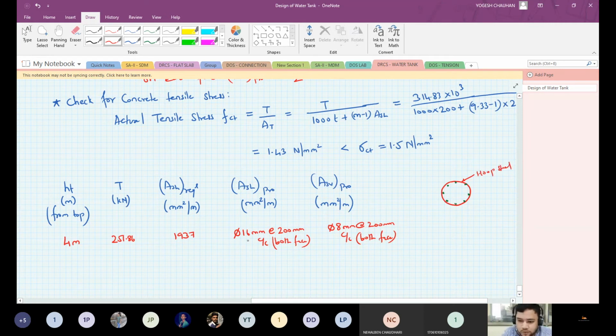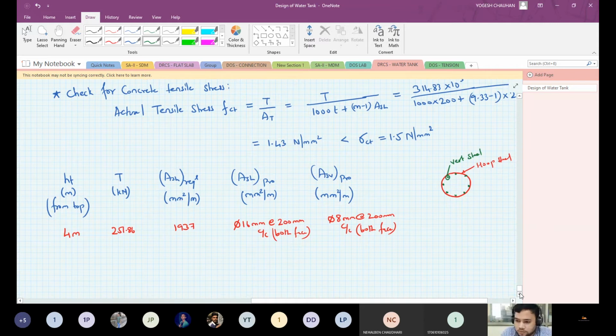So for hoop steel you can change the diameter as well as the spacing of the bar. But for the vertical steel, it is based on the minimum steel, so this will be the same throughout.